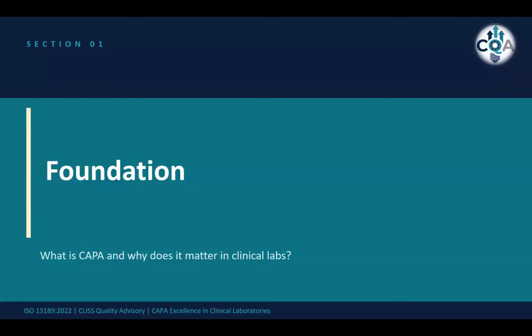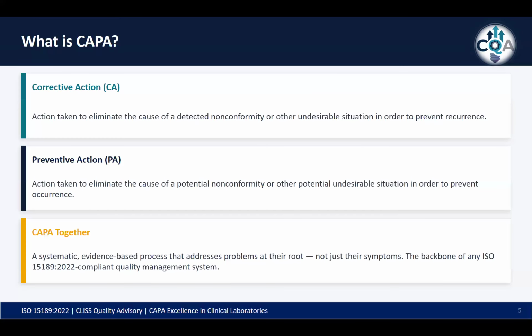So first we look at the foundation. What is CAPA and why does it matter in clinical laboratories? I know this is old terminology that the young ones may not be familiar with. CAPA is derived from corrective action, preventive action.